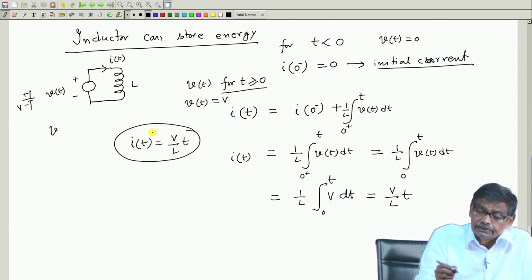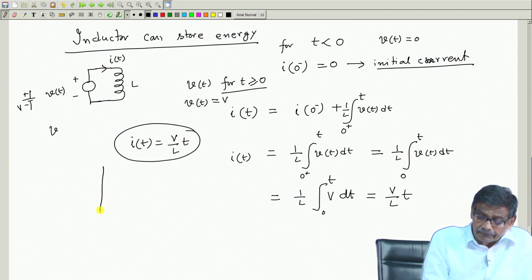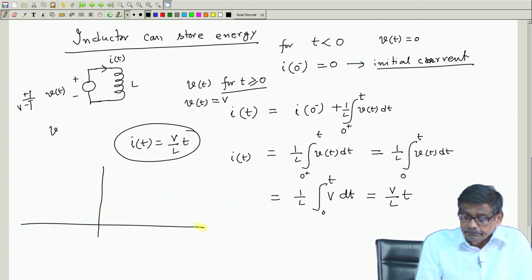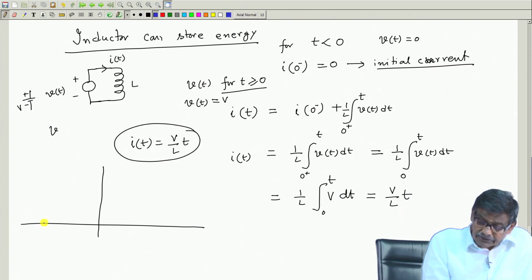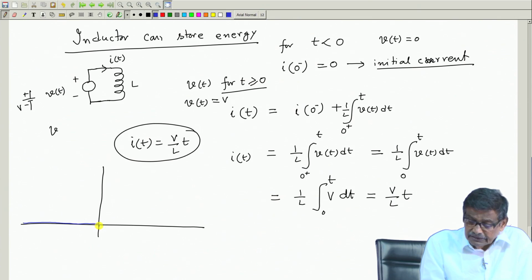And it is always better that you sketch the current. So, the current sketch will be as follows: for t less than 0, you did not apply any voltage, v(t) was 0, therefore current was 0. This is t equal to 0.